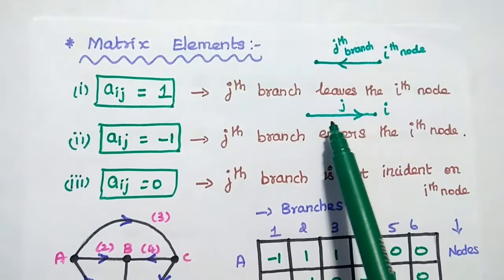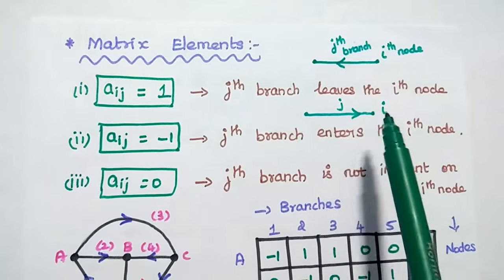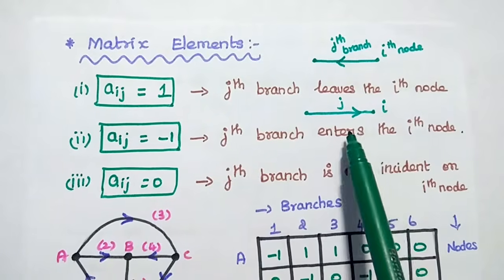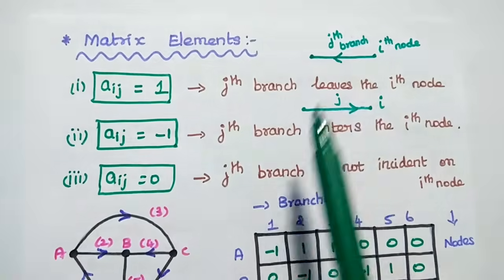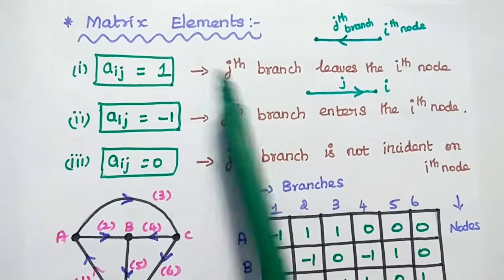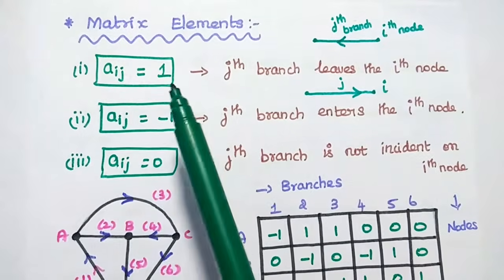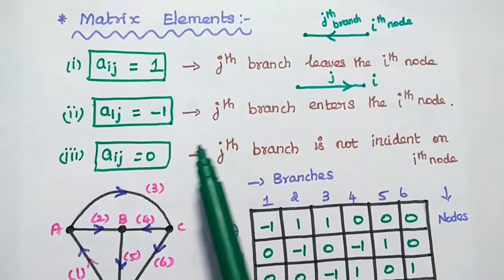The branch is entering this node. That means the branch is incident on this node and its current flows towards this node. Here the current flow is away from the node. Do you all understand? So if the branch leaves the node, then its value is 1. If the branch enters the node, its value is minus 1.